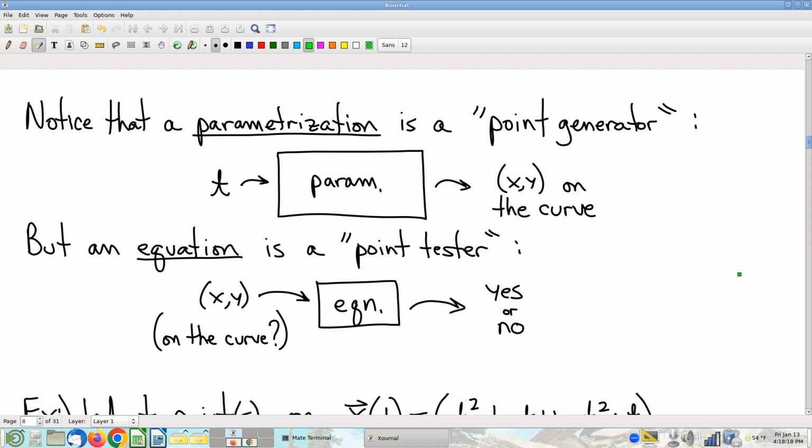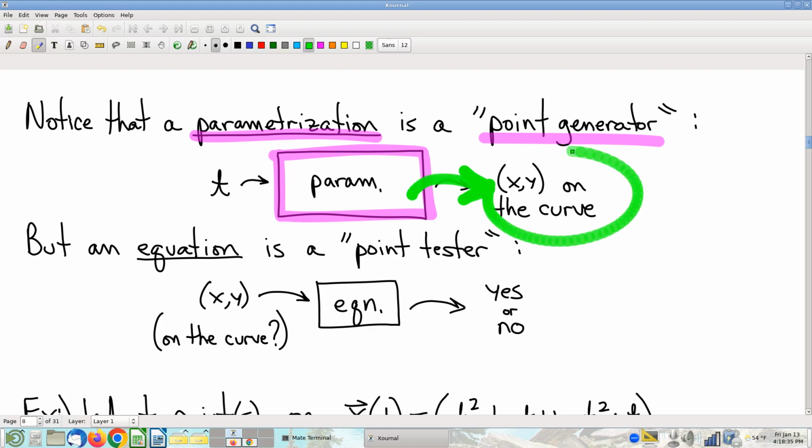They're very importantly different, though, in how they, as algebra, describe a curve. A parameterization is what I like to call a point generator, because you put some variable in and then out comes points. It literally makes points that are on the curve in question.